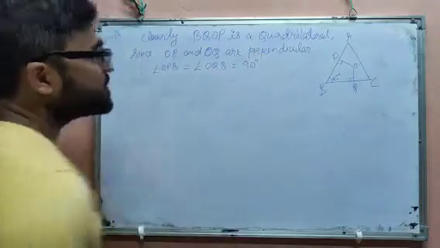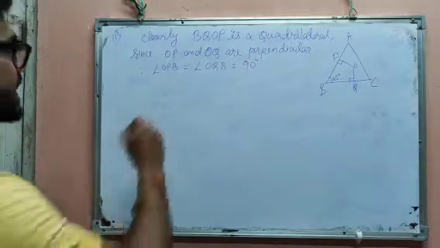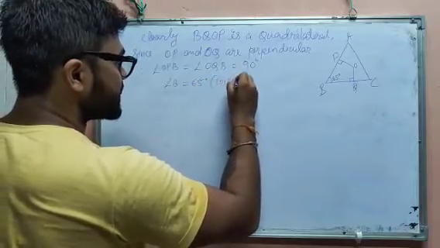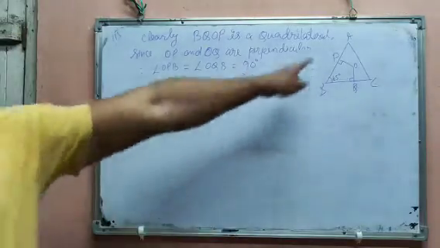As they are perpendicular, they will be 90 degrees. And angle B, which is given already, is 65 degrees. Now we are asked to find only angle POQ, which is the unknown angle.